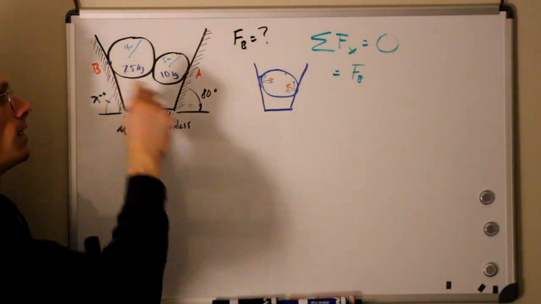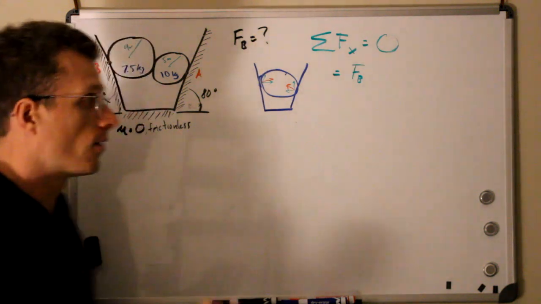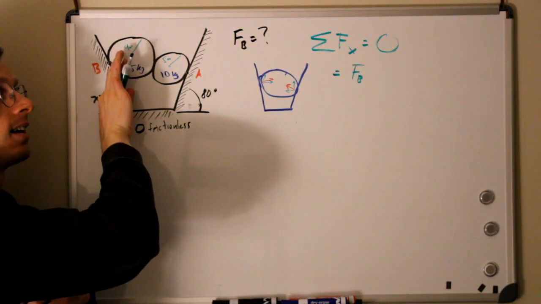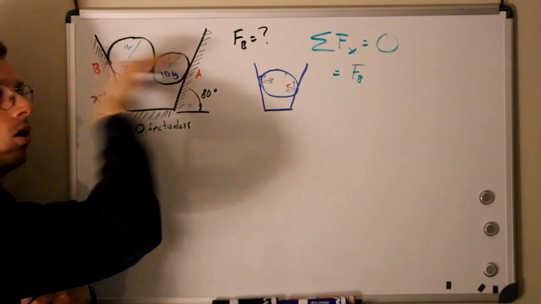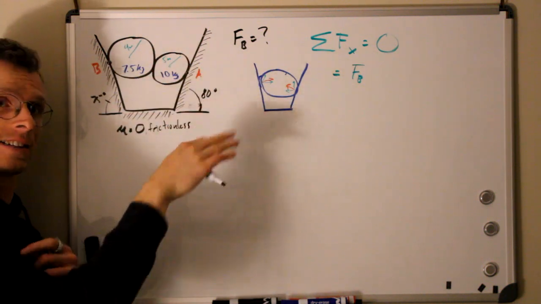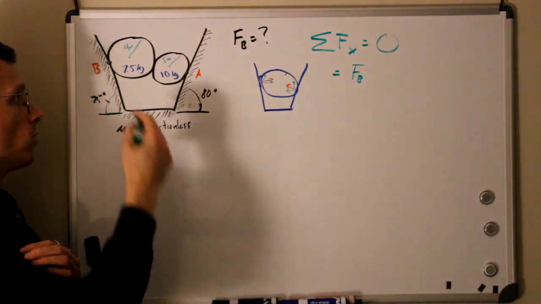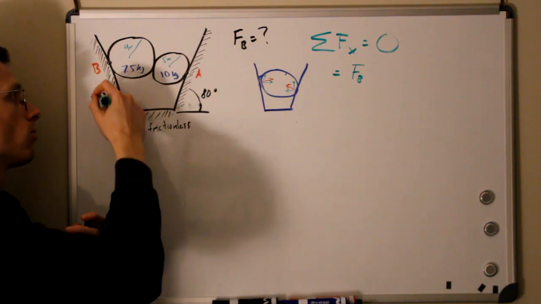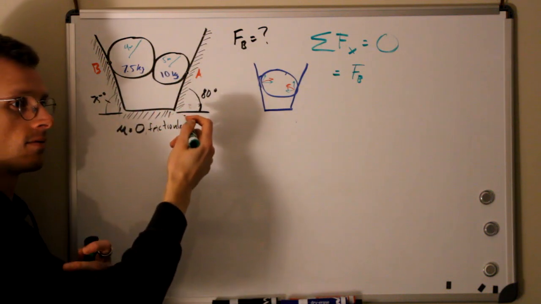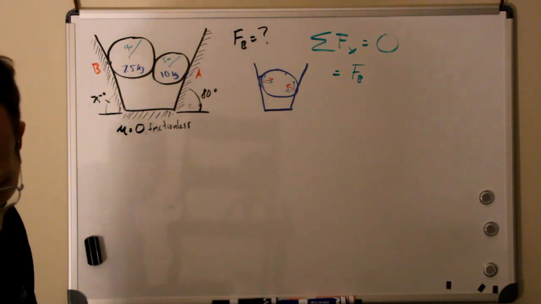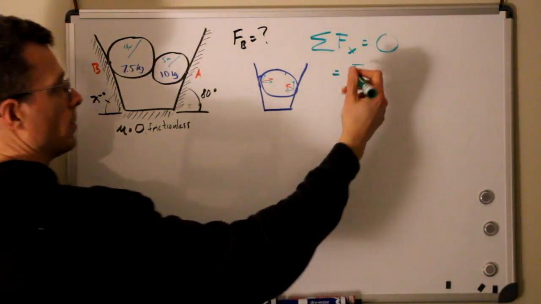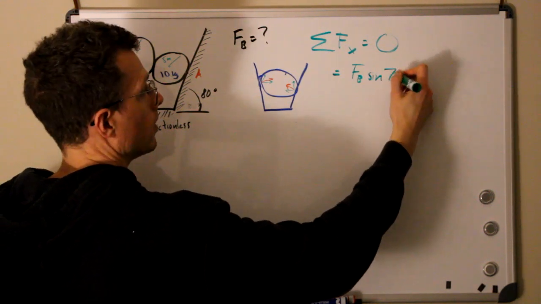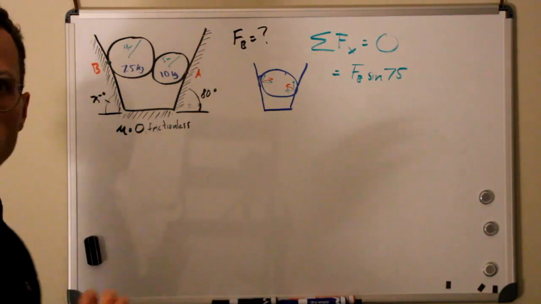I just know that my force in the X direction, if I'm looking at B, if this were actually 90 degrees, then I would have all my force in the X. I'd have no force in the Y. And so what component, cosine or sine, gives me 1 when that's at 90? That's going to be our sine. So this is going to be FB sine 75.